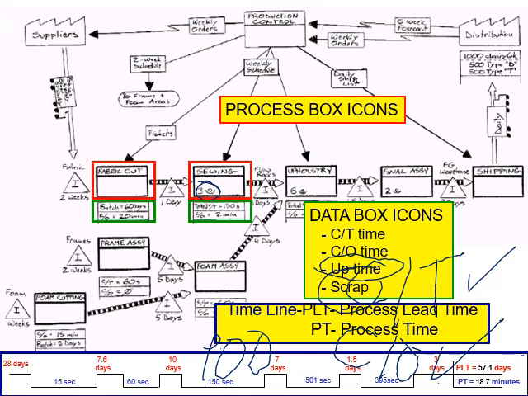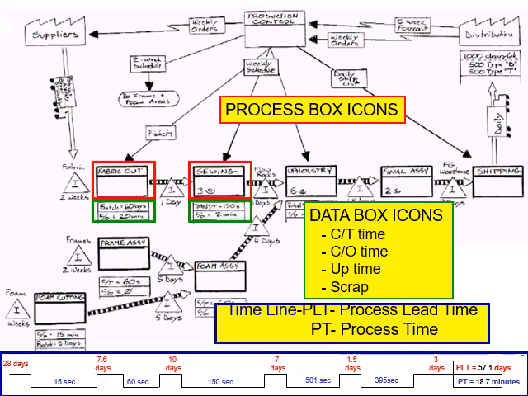Now, the third part of the value stream map is something called time frame or timeline. So we have here a process with information.